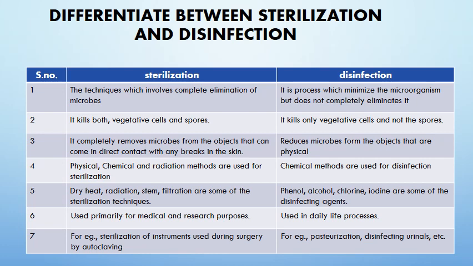Dry heat, radiation, steam and filtration are some of the sterilization techniques, but in case of disinfection, phenol, alcohol, chlorine and iodine are some of the disinfecting agents. Sterilization is used primarily for medical and research purposes. Disinfection is used in daily life processes. Example of sterilization: sterilization of instruments used during surgery by autoclaving. Example of disinfection: pasteurization, disinfecting urinals, etc.